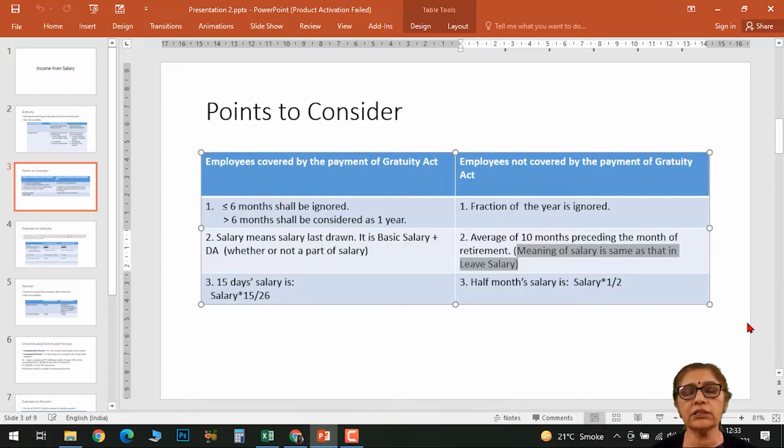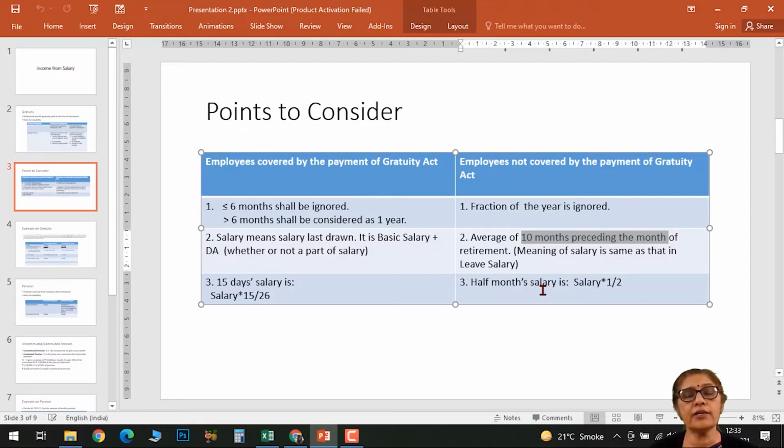So DA conditional if it's a part of salary, commission conditional if it's a percentage of turnover. So we have to first find out salary for 10 months. Now 10 months what? 10 months preceding the month of retirement. In leave salary, we had an average of 10 months preceding the retirement.